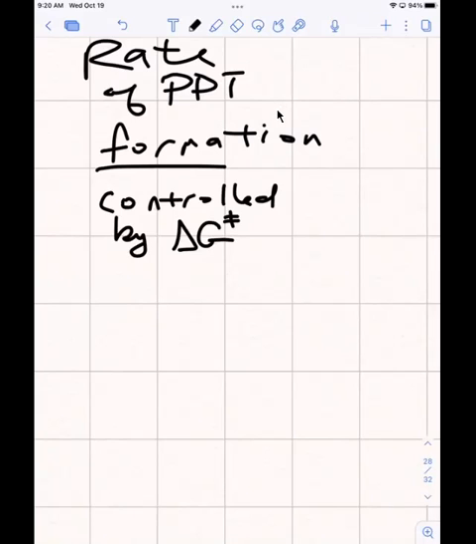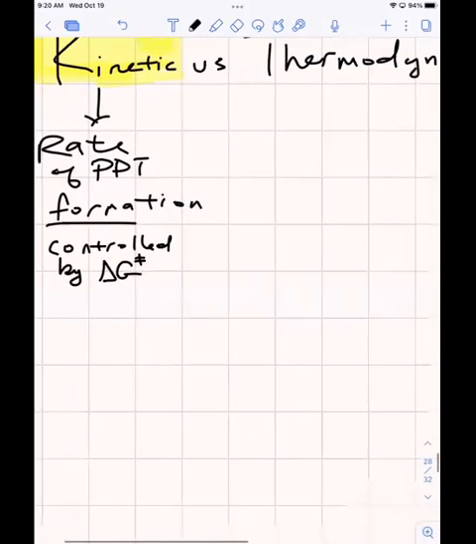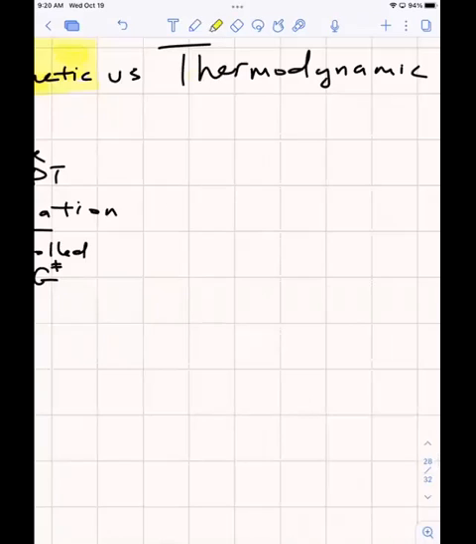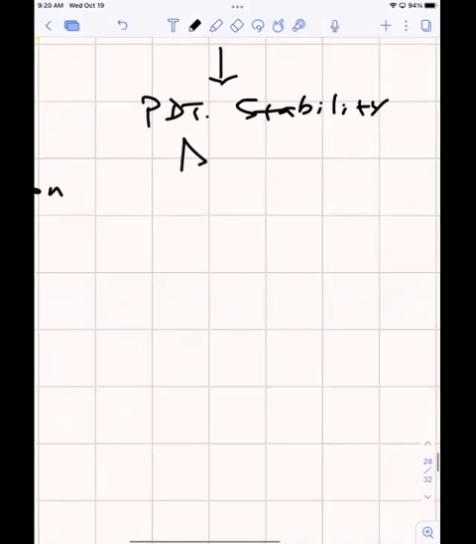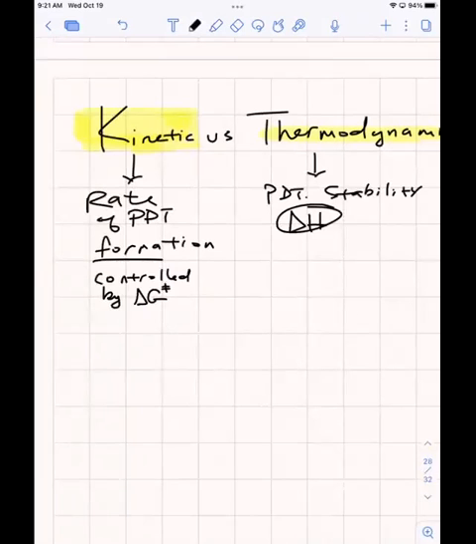And then under thermodynamic control, what we're concerned about is product stability. So product stability, right? This is delta H, the enthalpy.